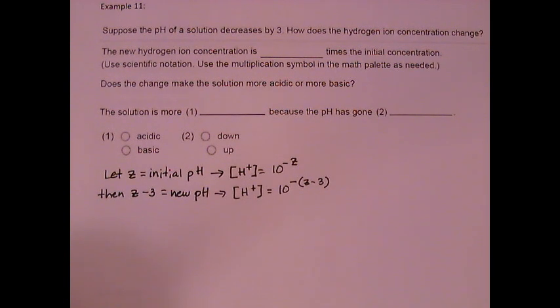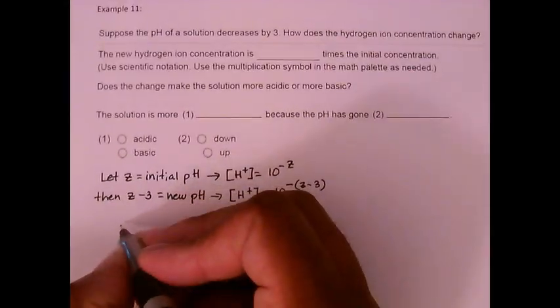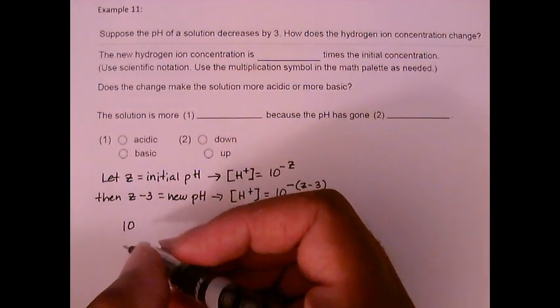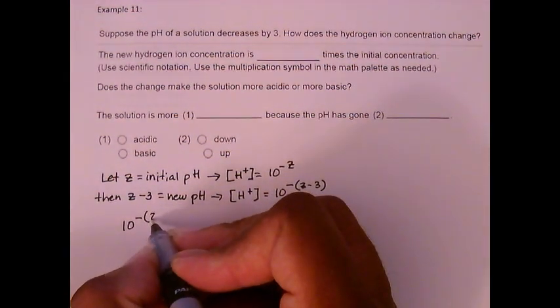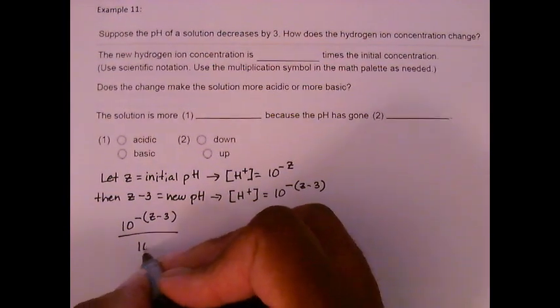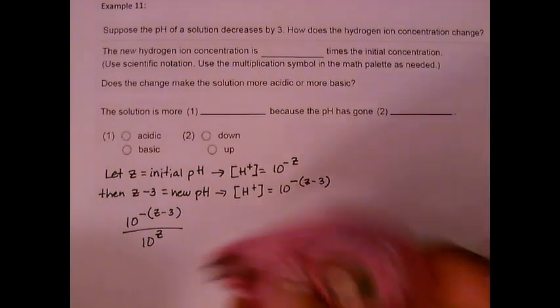So how does the hydrogen ion concentration change? We have to take the ratio of the new hydrogen ion concentration, 10 to the negative, in parentheses, Z minus 3, divided by 10 to the negative Z.